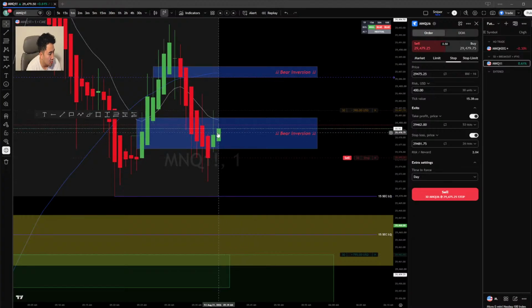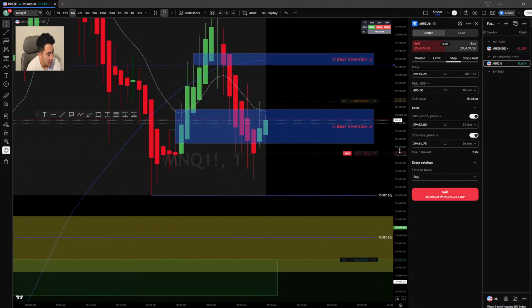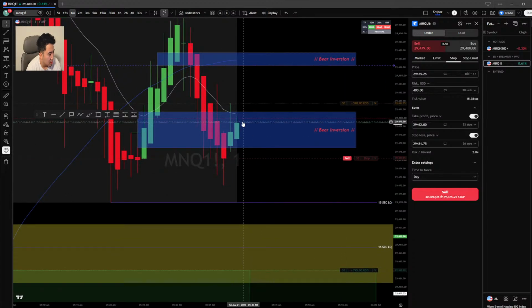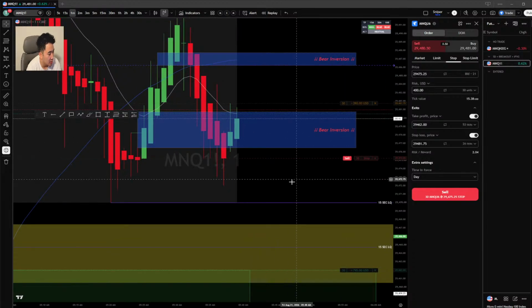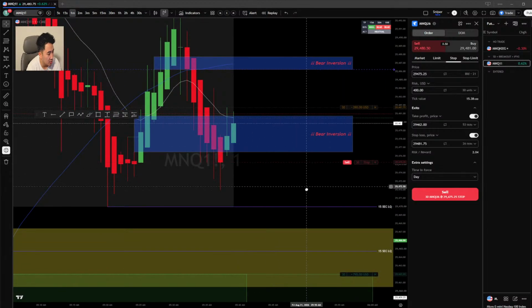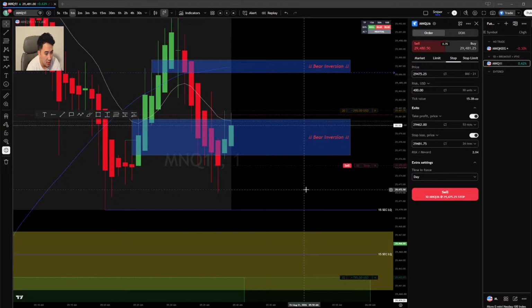Need a longer lower wick than I have a shorter upper wick, so I need a longer lower wick compared to an upper wick.